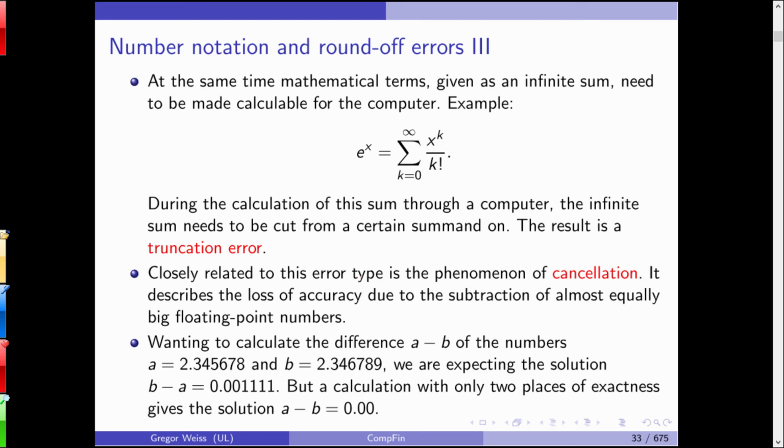By the way, why is it okay to cut off this sum at one point? Because the summands could also increase in size, right?